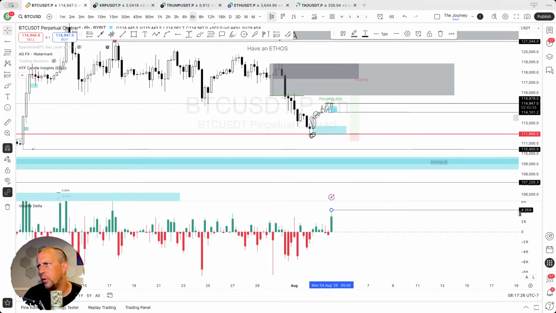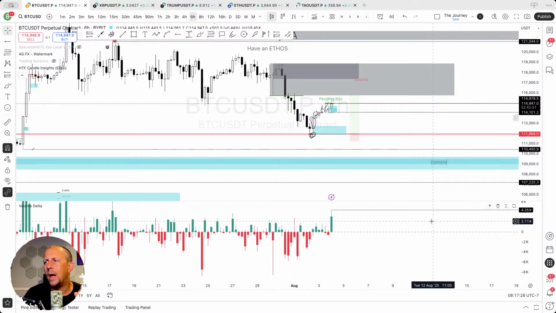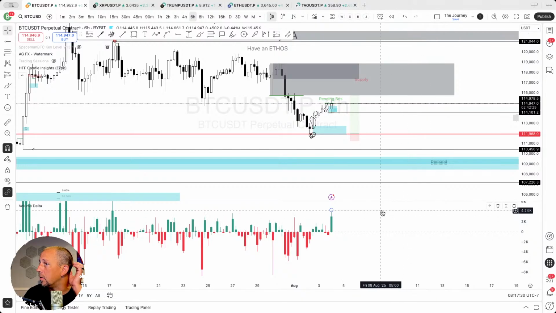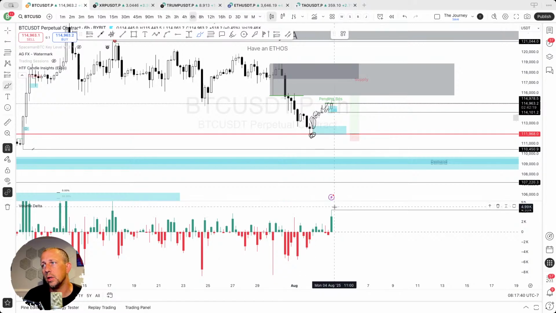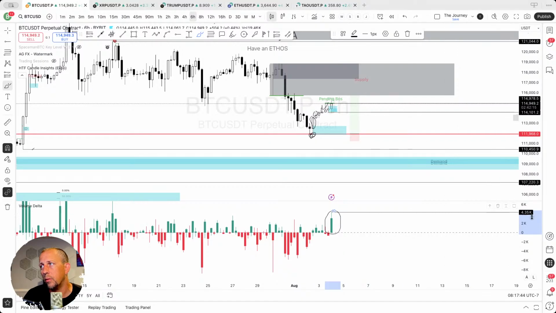That's 4.35K positive delta. That doesn't mean there was only 4.35K traded in this candle. There could have been way more traded. It's just that the delta of it is positive by 4.35K. So a significant amount of bullish volume in this candle right here.